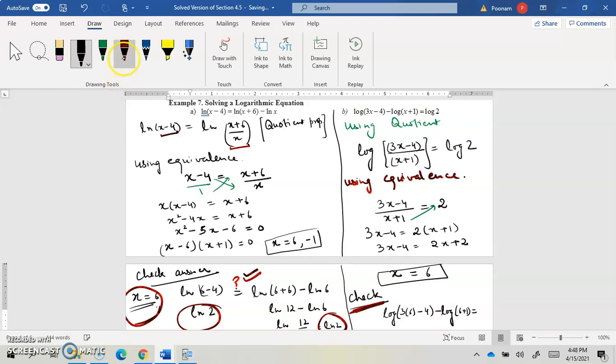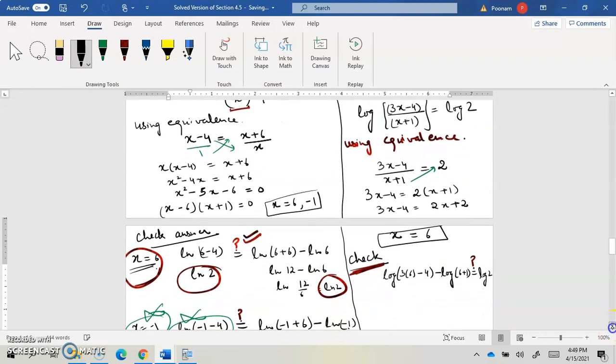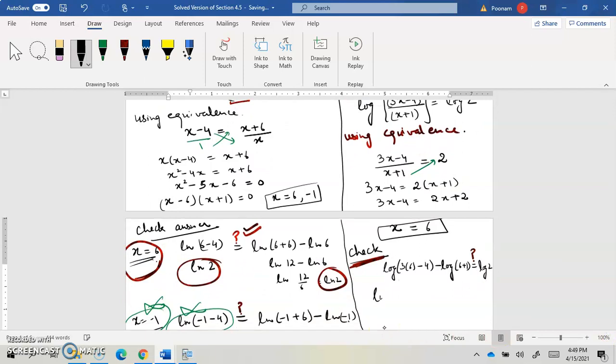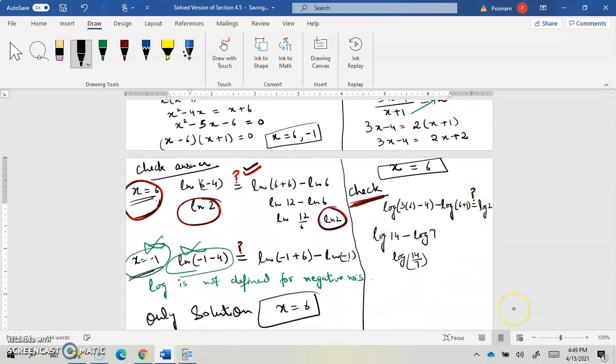The question is to check, is this equal to log of 2? Let's try. Log of 3 times 6 minus 4 is log of 18 minus 4, which is 14, minus log of 7. Using the quotient rule, that can be written as log of 14 over 7, which is the same as log of 2. So it is equal to log of 2.